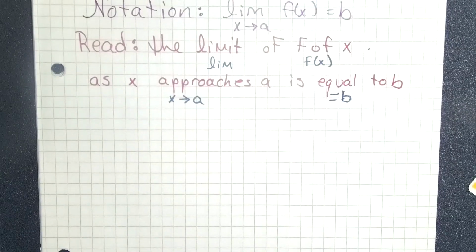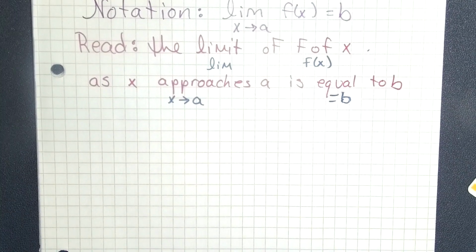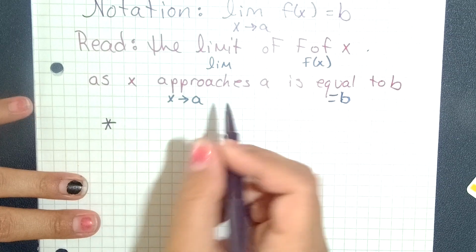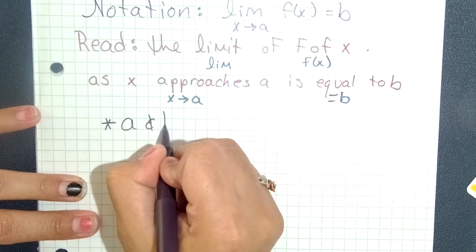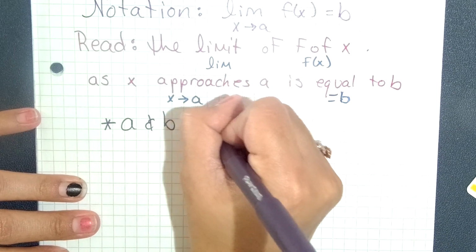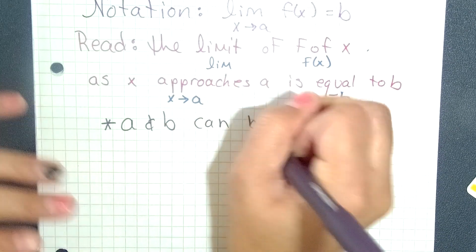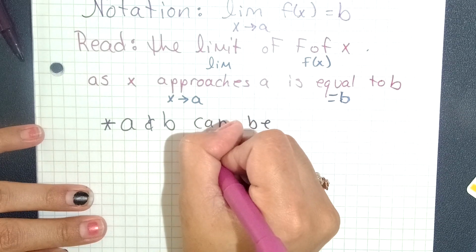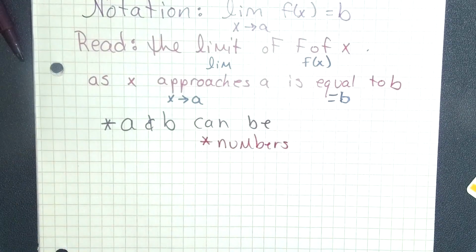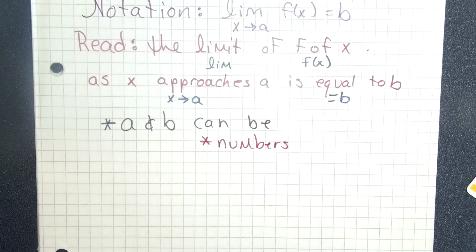Okay. Can I move down right there? Does everybody have the top part? Okay. As a note, a and b can be the following. a and b can be numbers: positive, negative, fractions, decimals, square roots, cubed roots, fourth roots.